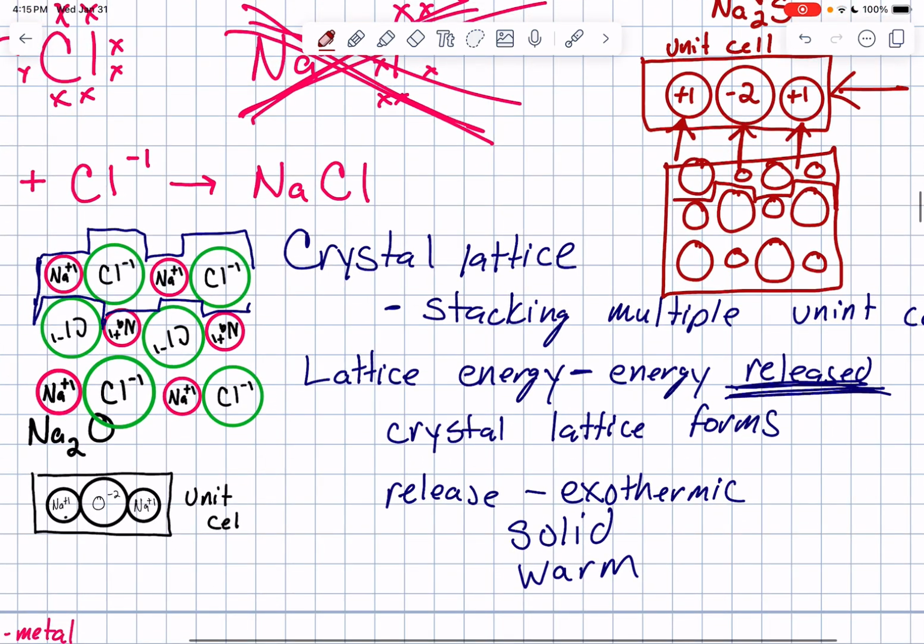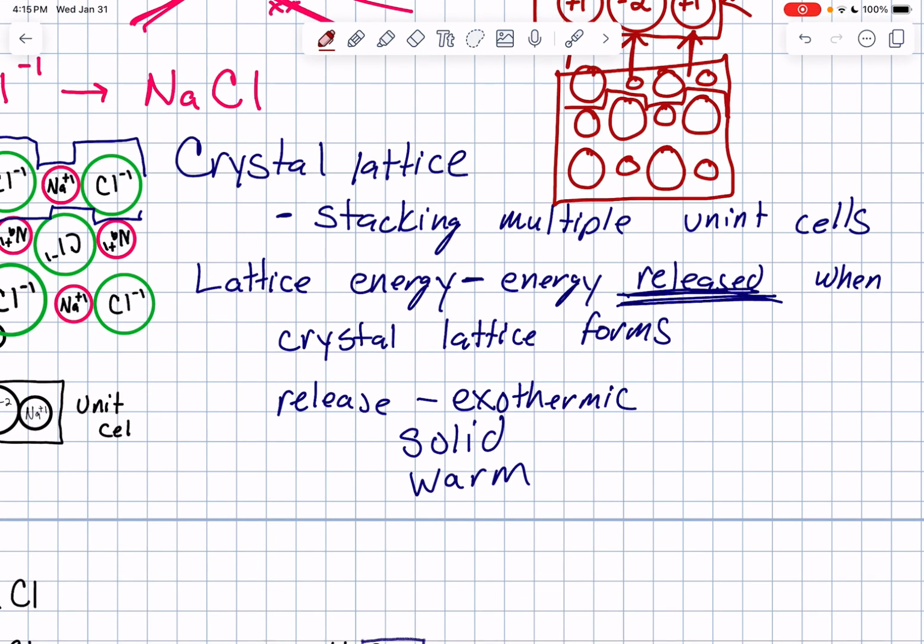And so since it's more stable, stacking multiple unit cells, our crystal lattice, is stacking multiple unit cells. That's what we call this cube. The lattice energy is the energy released when the crystal lattice forms. If we have higher attraction, it means we're going to require less energy needed to hold it together.